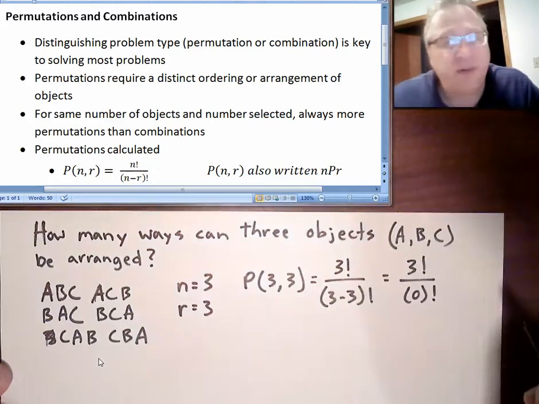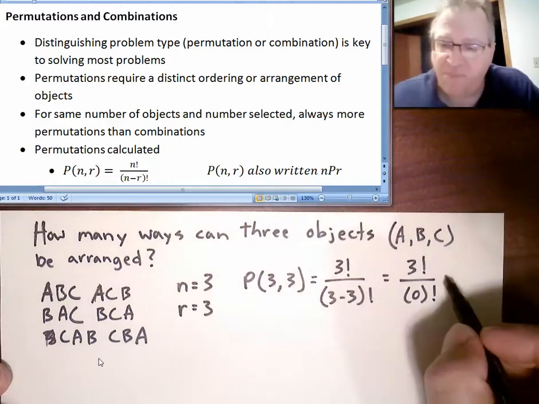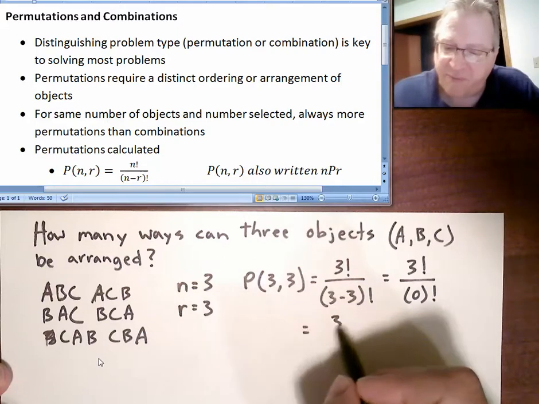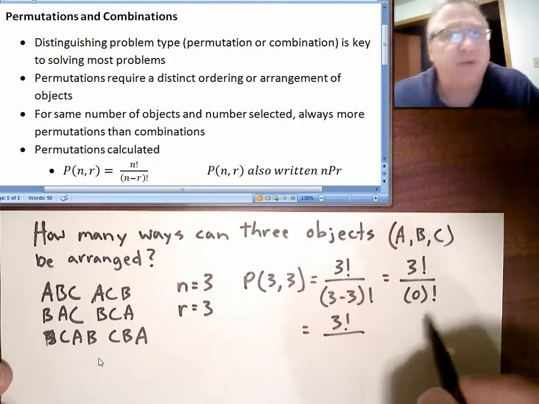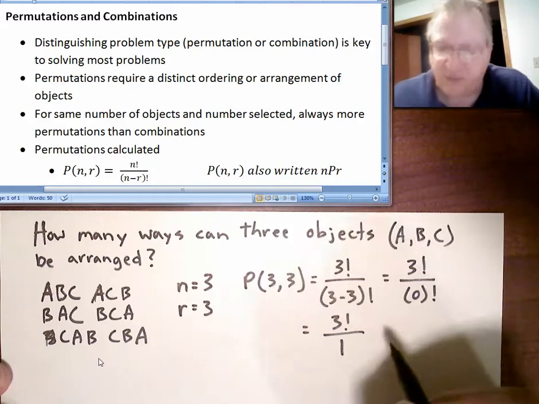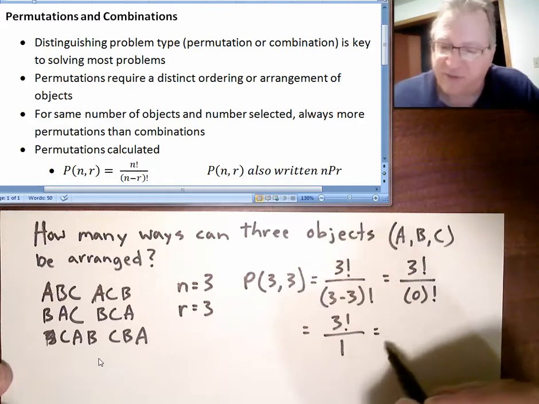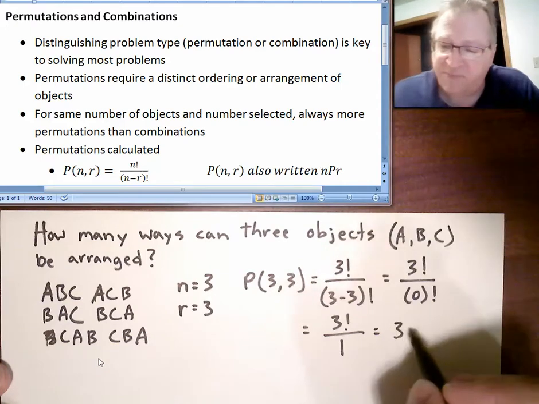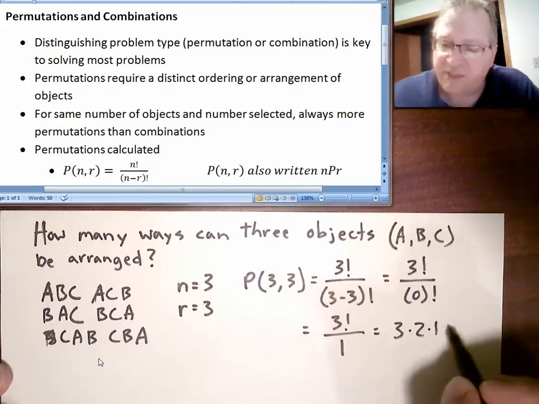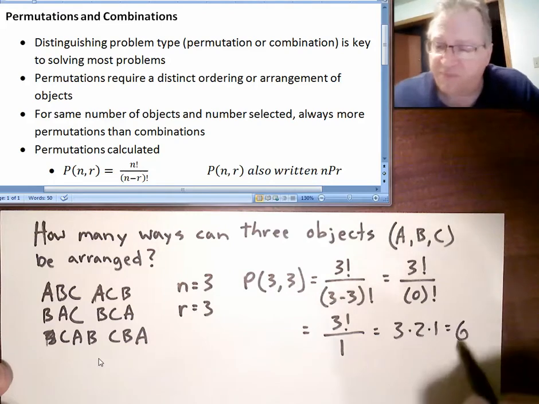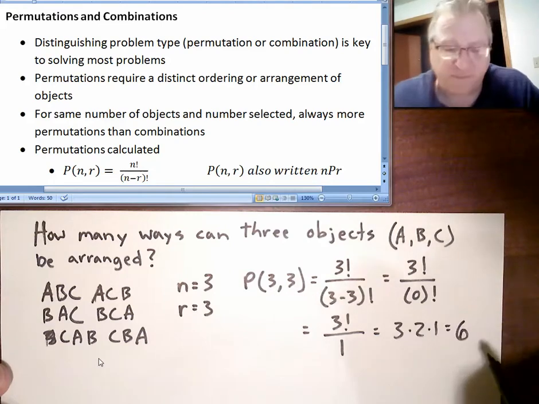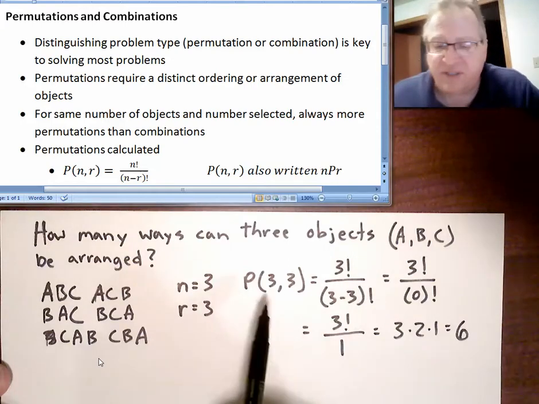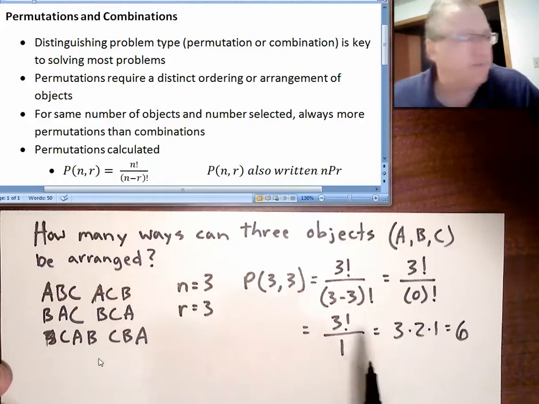And we know that division by 0 is a no-no, but what we probably remember is that 0 factorial is equal to 1. It's a special case, and so what do we have? Anything over 1 is just the numerator, so we have 3 factorial, which is 3 times 2 times 1, or 6. And there's our answer confirmed. Number of permutations in 3 select 3 is 6.